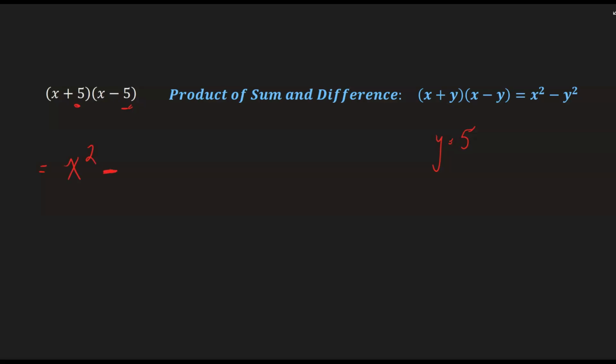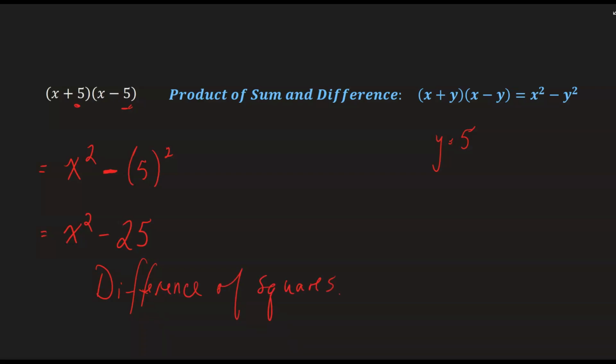Subtract y squared, which is, we'll write 5 squared first, and it simplifies to x squared minus 25. We actually refer to this as a difference of squares. Because the first term is a square and the second term is a square. And it's a difference in between.